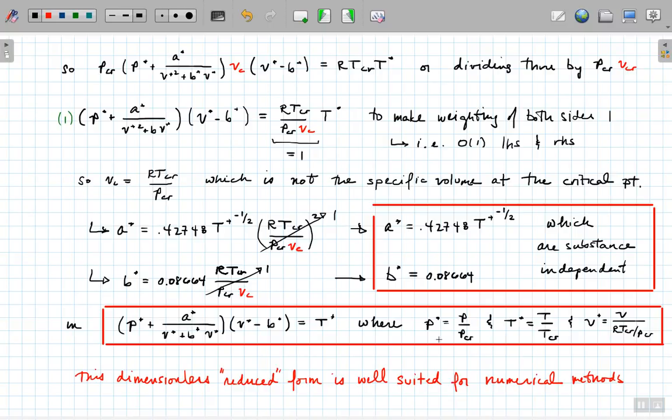So in any case, we've got this very simple dimensionless reduced form, and it's very nice to work with a form like this where everything has been sized appropriately, especially when working with numerical methods like on the computer, because the computer has a tough time with numbers that are too small or too big, especially when we're adding numbers, one that's very big and one that's very small, for instance. That loss of significance can really undermine our ability to use the computer to solve.